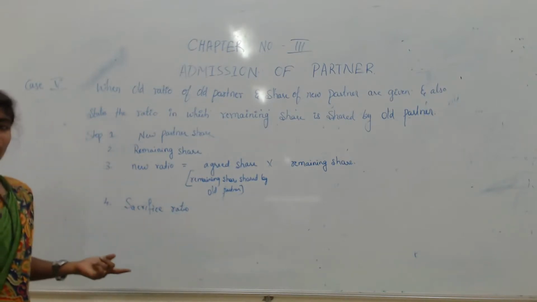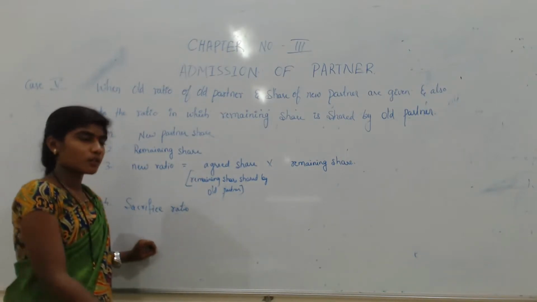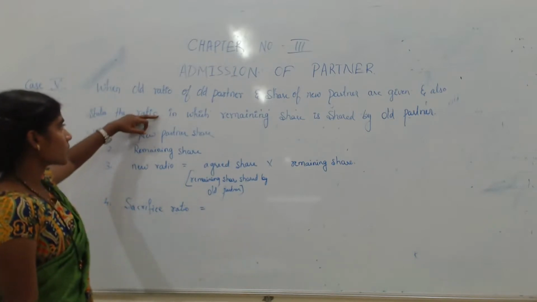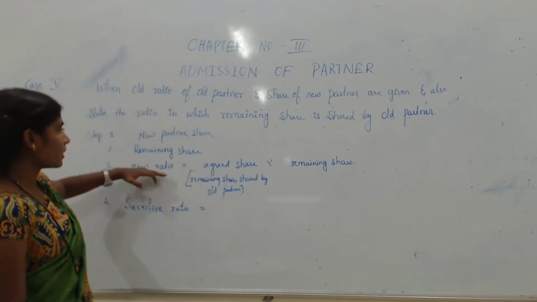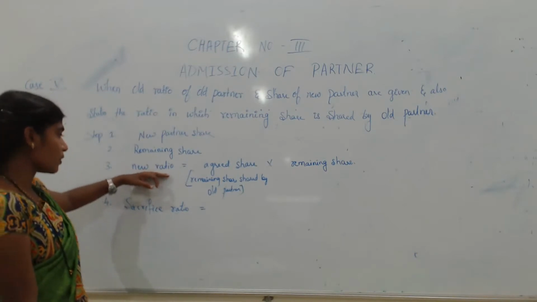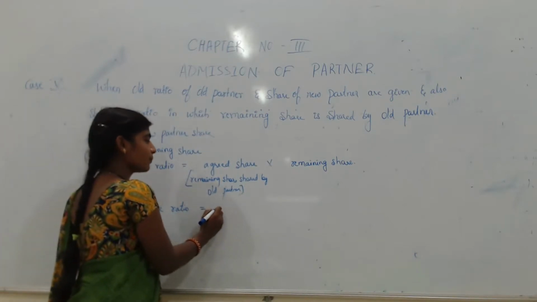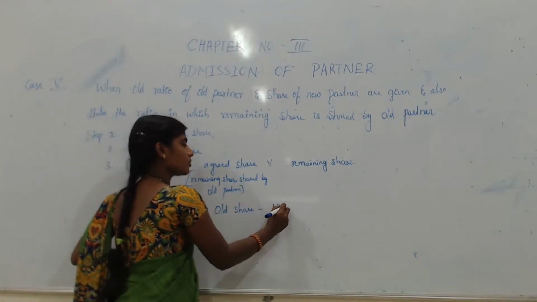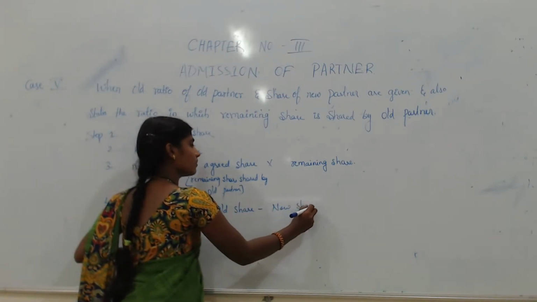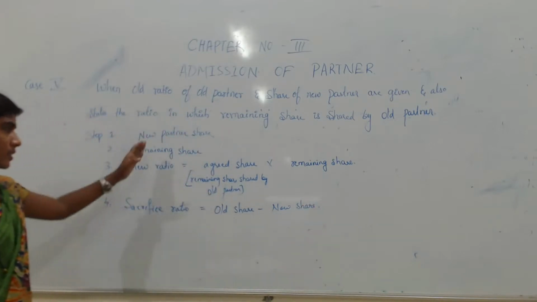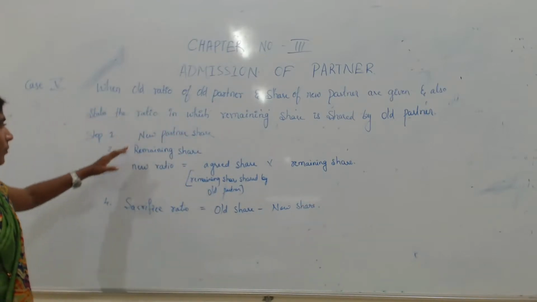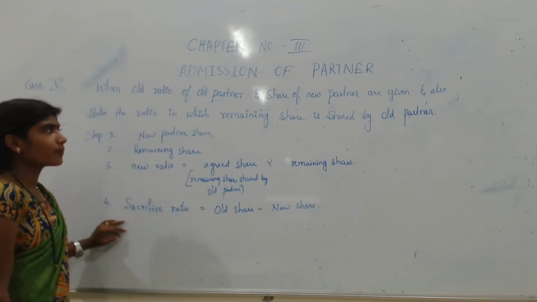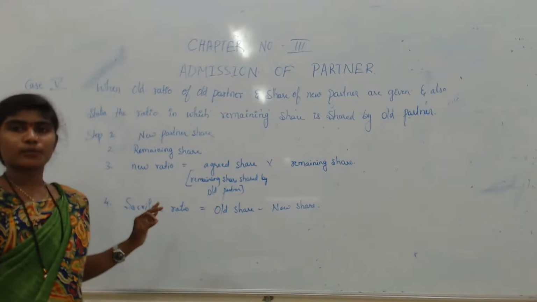In the previous case, we calculated the sacrifice ratio when the old ratio and new ratio are given. The formula is old share minus new share. These are all the main steps to calculate a sacrifice ratio under the 5th case.